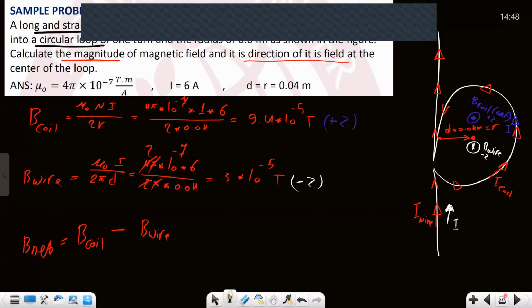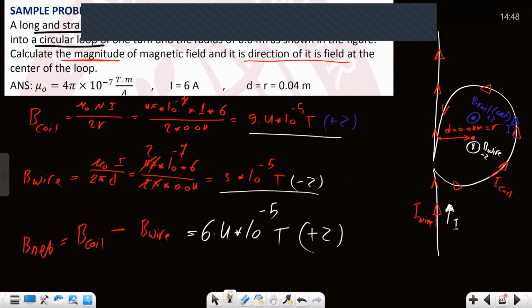So the result is going to be equal to 9.4 minus 3, which is 6.4 times 10 to the power negative 5 Tesla, and the direction is that of the bigger one, which is the positive Z, and the result is positive.